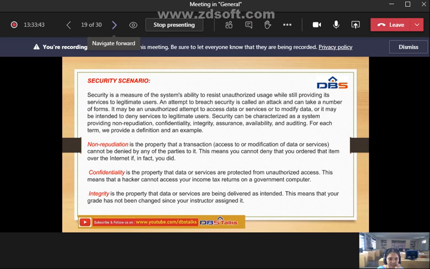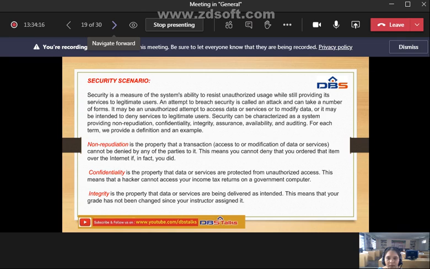Security means we provide services to authorized users, and we can also detect who are unauthorized users accessing without permission. According to that, it provides services to authorized and unauthorized users accordingly.